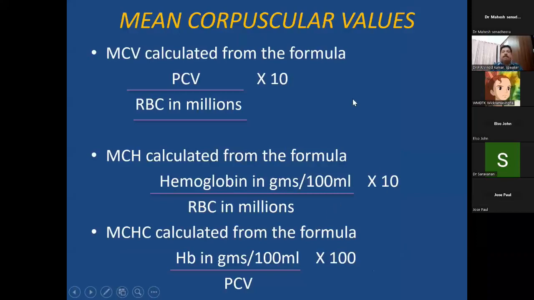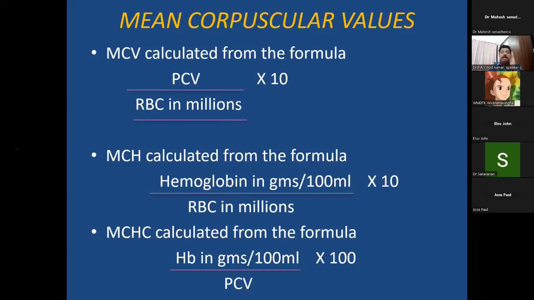Then these are the mean erythrocyte indices or values. When the PCV is divided by the RBC, so the PCV is divided by the number of RBCs, we can say that it indicates the volume of each individual RBC, that is the MCV, mean corpuscular volume. It is very important. We always ignore that portion, the MCV, MCH, etc. This is very important.